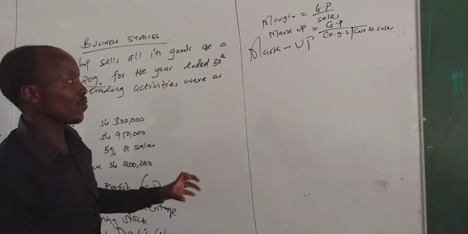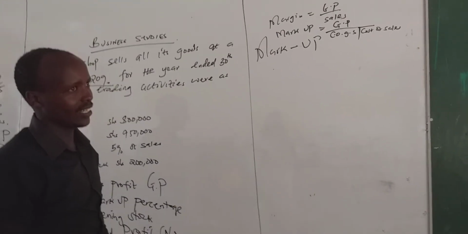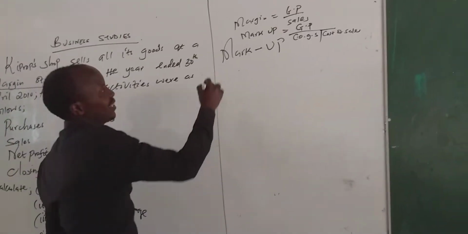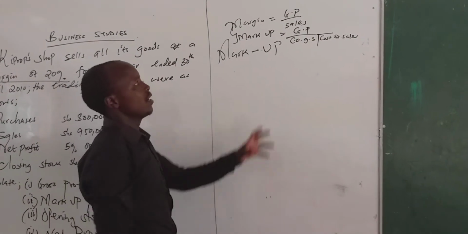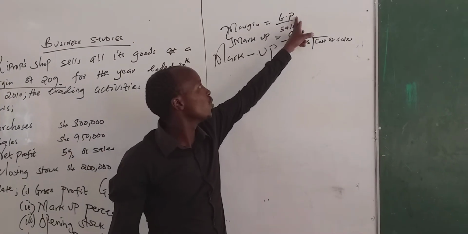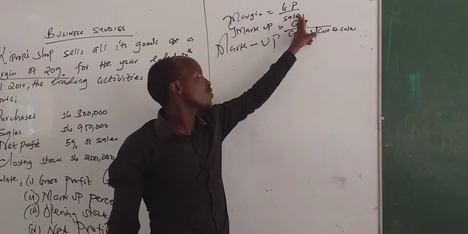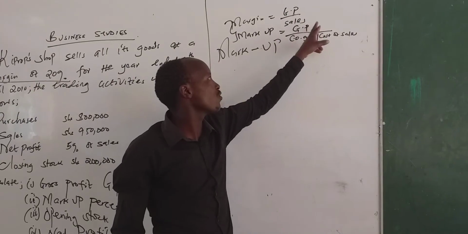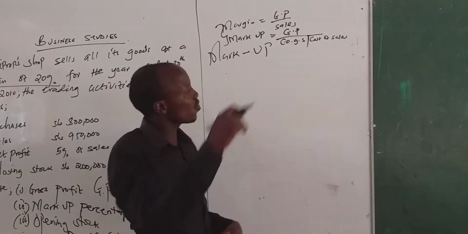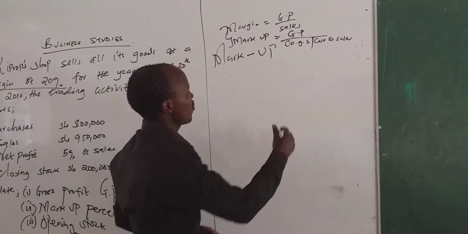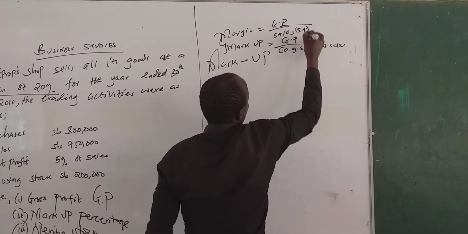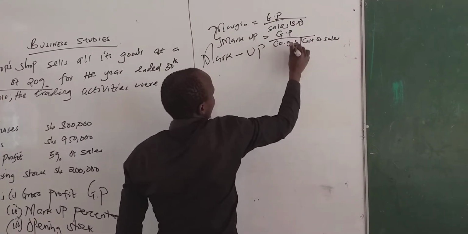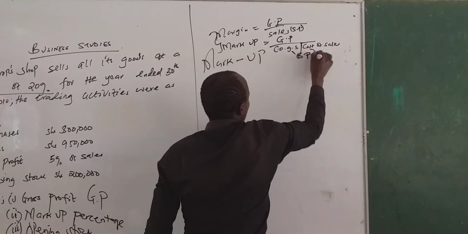To go through a shorter way, you can still remember, these two things relate. They actually have a very close relationship. This one shows a ratio of gross profit over sales, in other words, GP over selling price. This one shows a ratio of gross profit over the cost of goods, GP over the buying price.